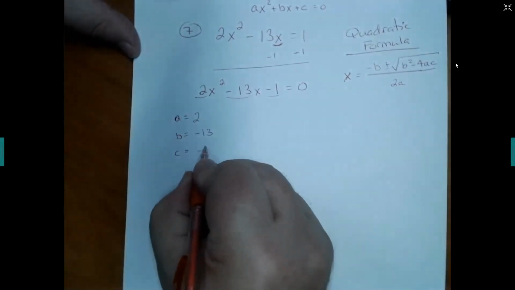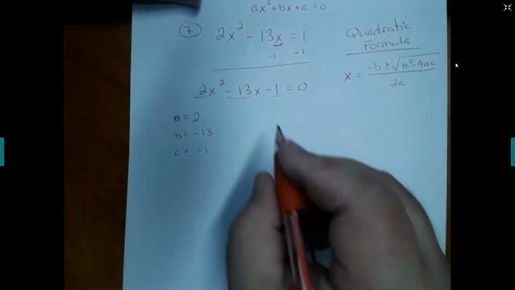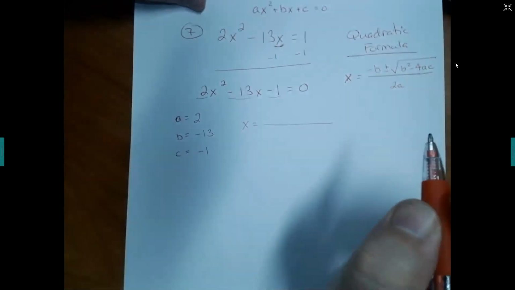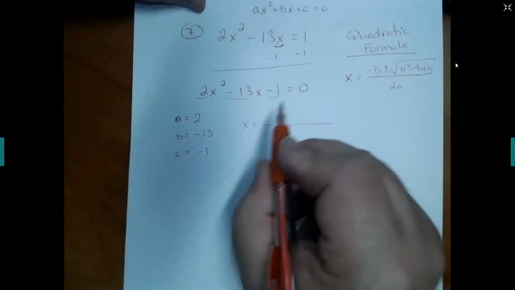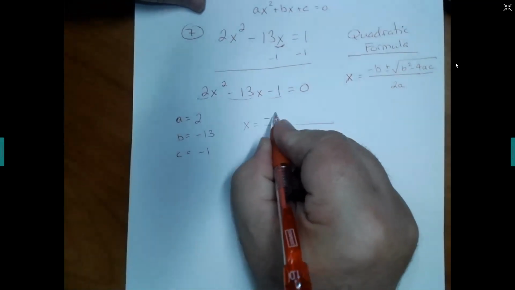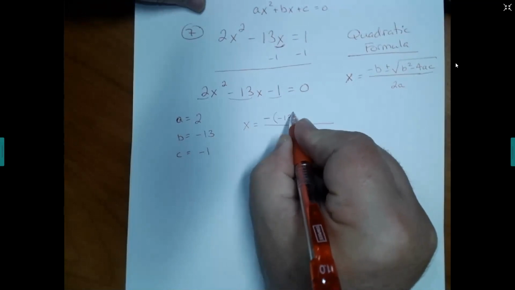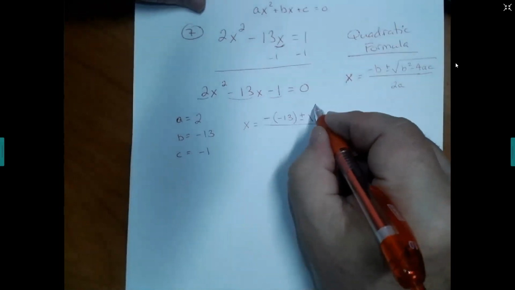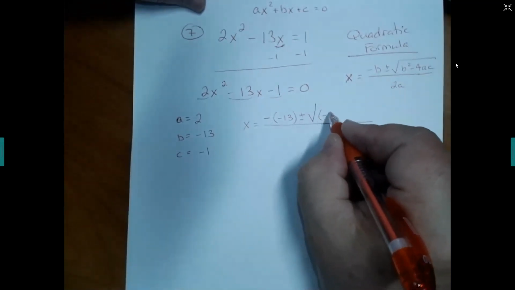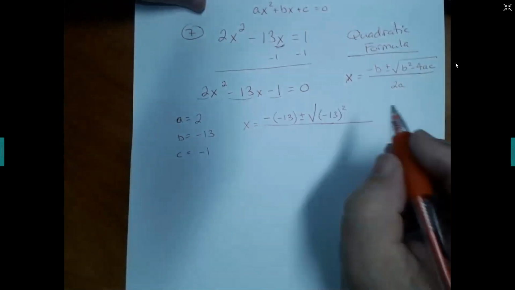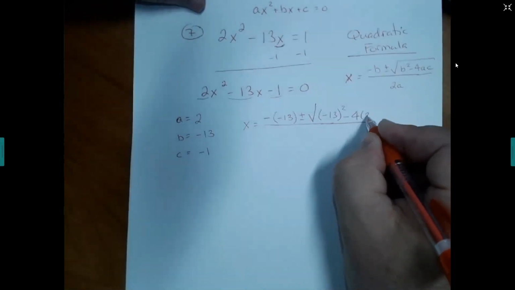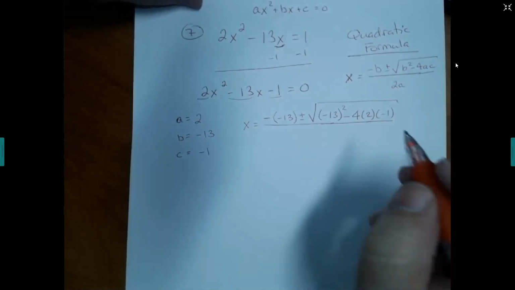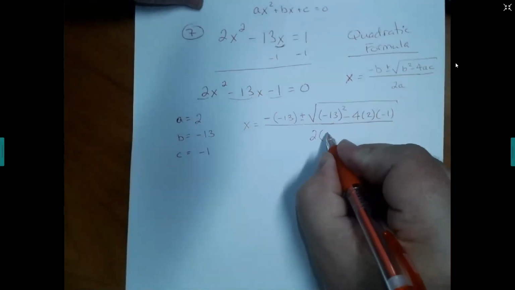C is the constant, negative 1. So we have negative b. B is negative 13. Plus or minus the square root of b, which is negative 13 squared, minus 4 times 2 times negative 1 over 2a.